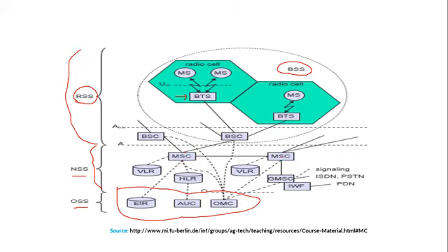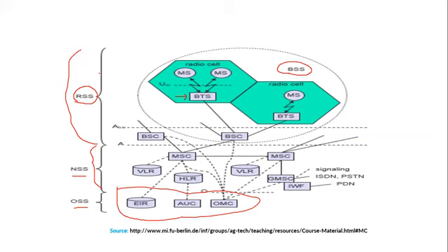There will be one MSC called the Gateway MSC, which will connect with the wired networks like ISDN and PSTN. And there are some registers like VLR and HLR, which are the visitor location register and home location register. And then we use some databases like the equipment identity register, authentication center, and operation and maintenance center.